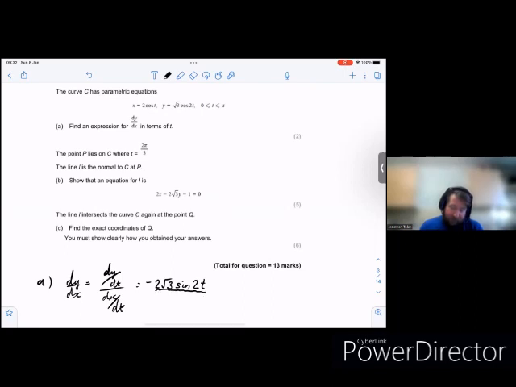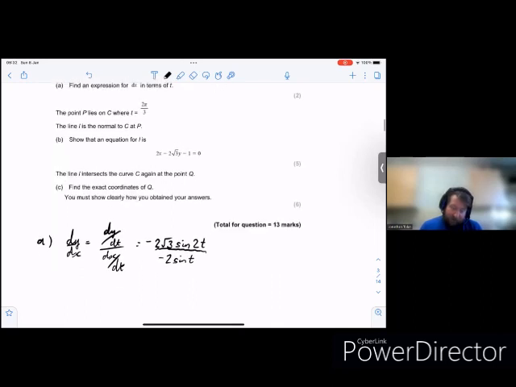And we differentiate the x, we just get minus 2 sine t. And that will do. I am going to simplify because it looks like we're going to be using this later on in the question, so it's easier to work with the simplified version.